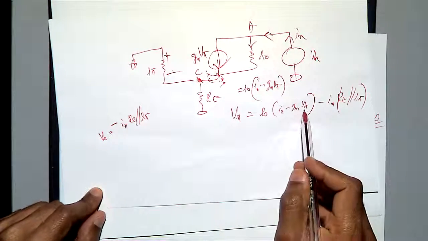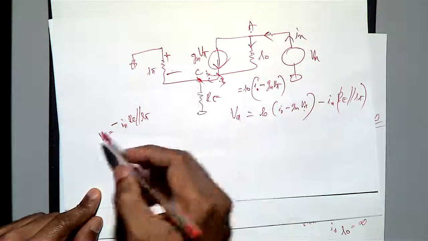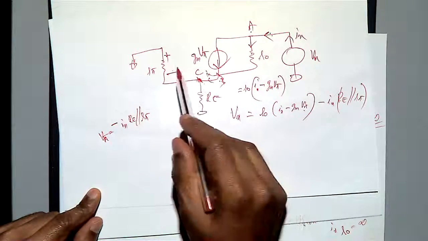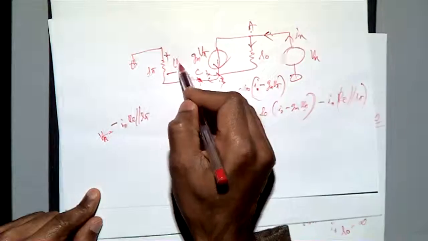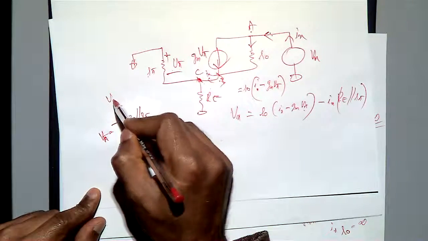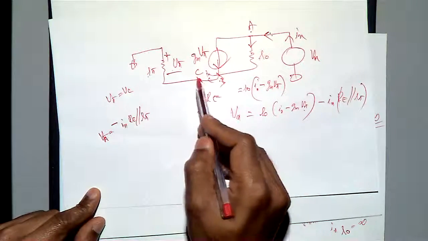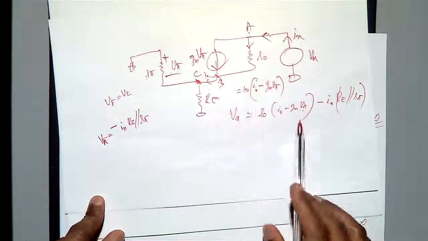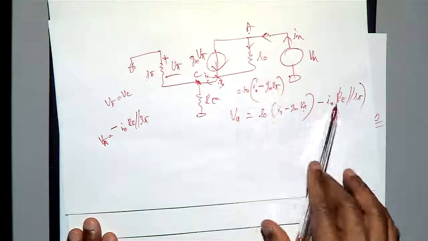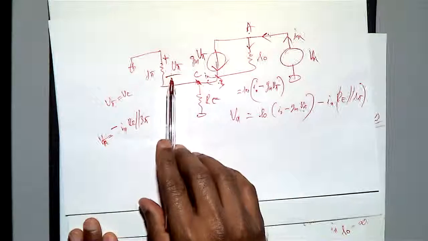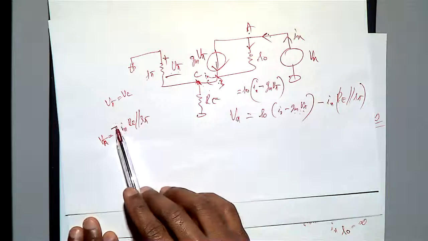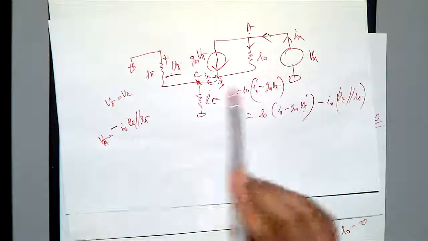Then you can substitute the value for this r pi, so that is equal to V pi. Substitute for V pi, because this is r pi, this is the V pi. V pi equals Vc, the voltage here. Then you can substitute the expression. The problem here is the negative sign. Because I put positive here, you get a negative sign, so you have to be careful with it. Both ways you can substitute.